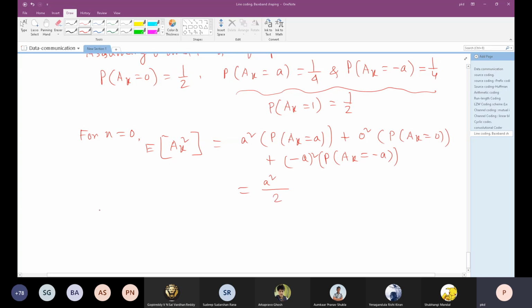And for n equal to 1, AK minus 1 AK. We are doing this only for n equal to 1. For n not equal to 0 cases, actually most all other cases will be 0. Only for n equal to 1, there will be some non-zero term. So that's why n equal to 0, 1 is estimated separately.